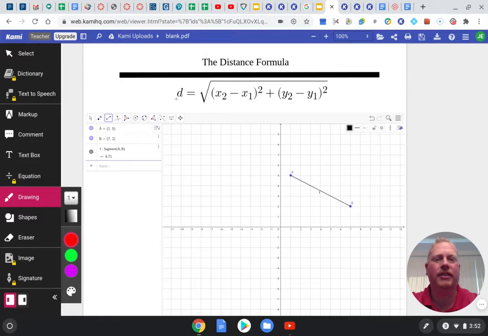We're going to use this distance formula in order to figure out the length of that segment. If that segment were perfectly vertical or perfectly horizontal, we could just count how many boxes it is. But because it's diagonal, we need to use the distance formula. So let's go ahead and do that.